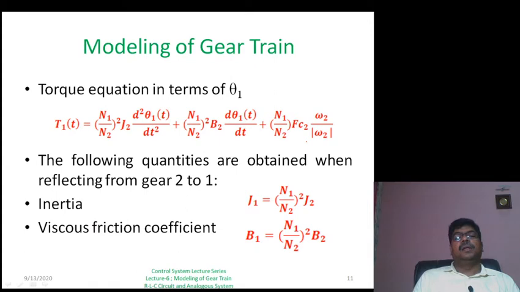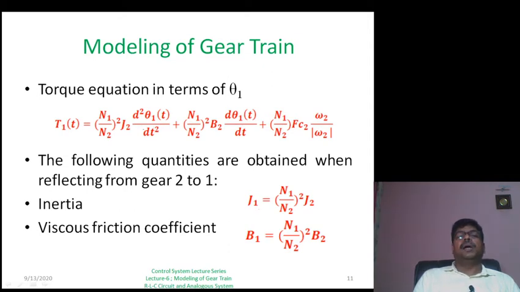So here, the quantity reflecting from gear 2 to gear 1 is J1 equals (n by n1) square J2. So in place of (n by n1) square J2 we can write J1, the inertia J1.